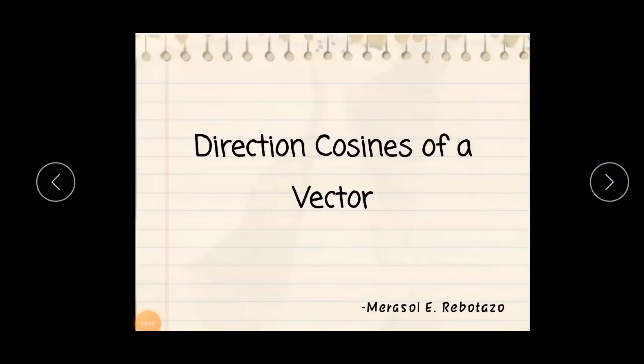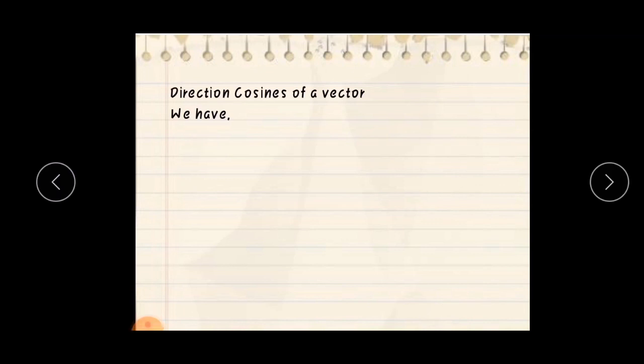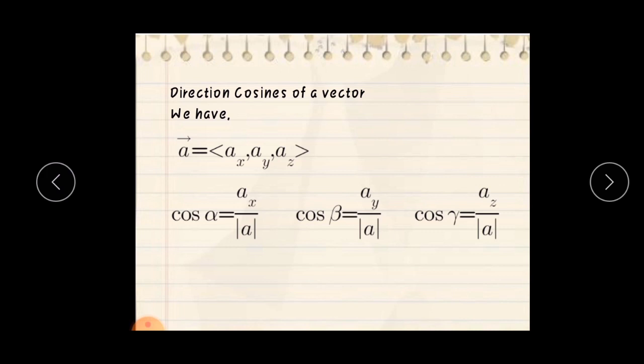Direction cosines of a vector. In direction cosines of a vector, we have cosine alpha is equal to A sub x over the magnitude of A, cosine beta is equal to A sub y over the magnitude of A, and cosine gamma is equal to A sub z over the magnitude of A. This is the formula to get the direction cosines of a vector.